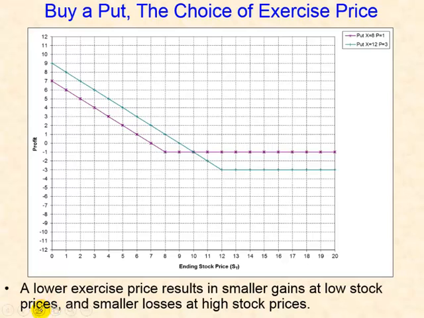Let's invert the thinking there and write it another way. So recall the blue line here is our higher exercise price. So at a low stock price, the higher exercise price leads to a higher profit.